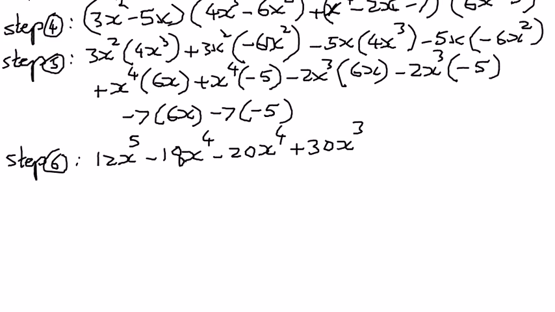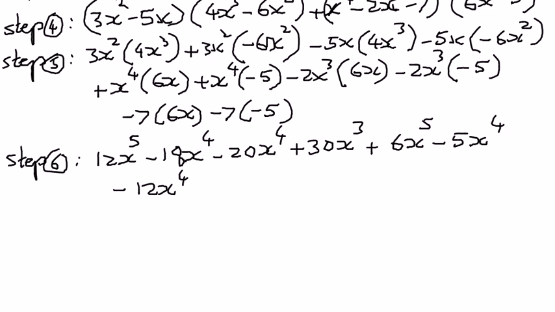Then we have x to the power of 4 times 6x is going to be equal to plus 6x to the power of 5. Then minus 5x to the power of 4. And then we have negative 12x to the power of 4.